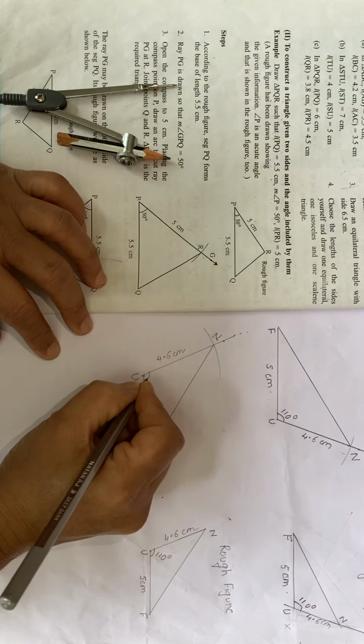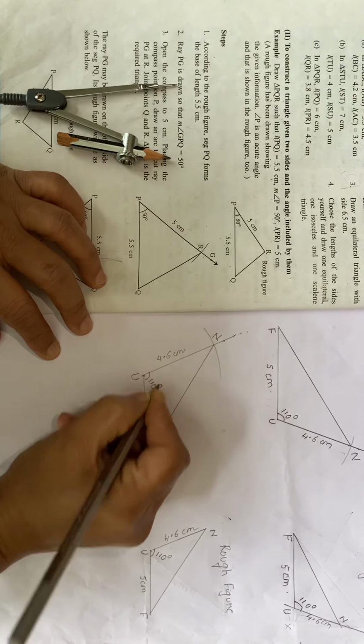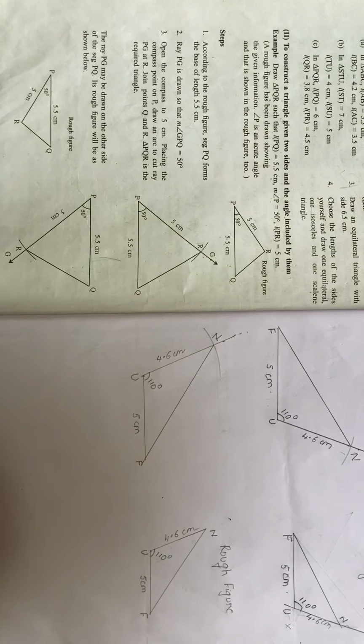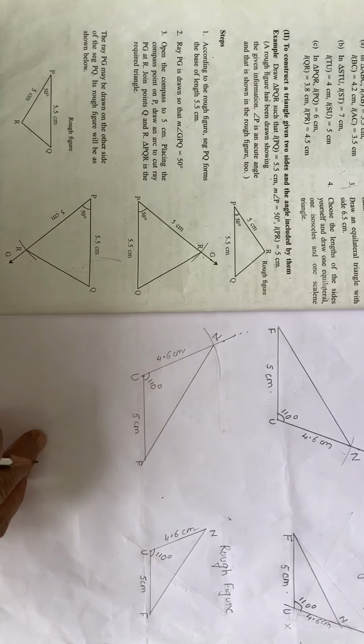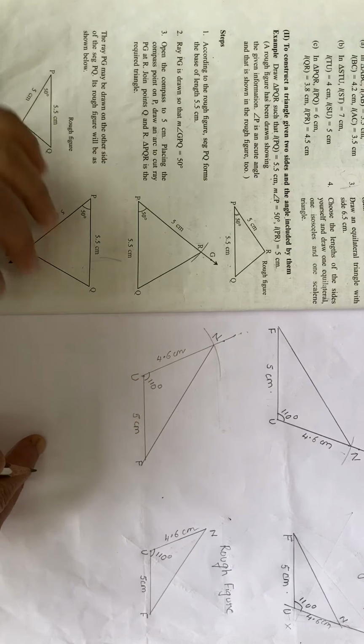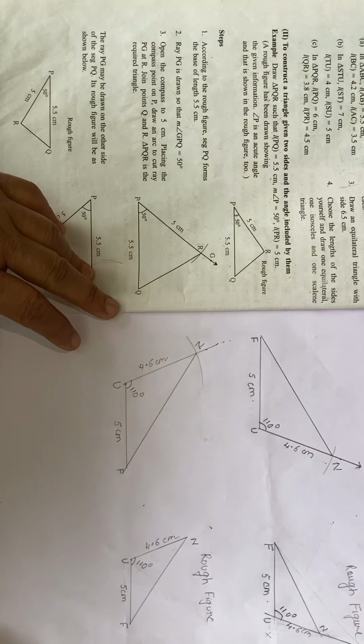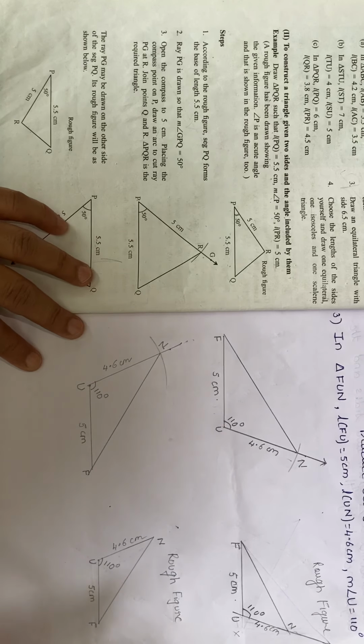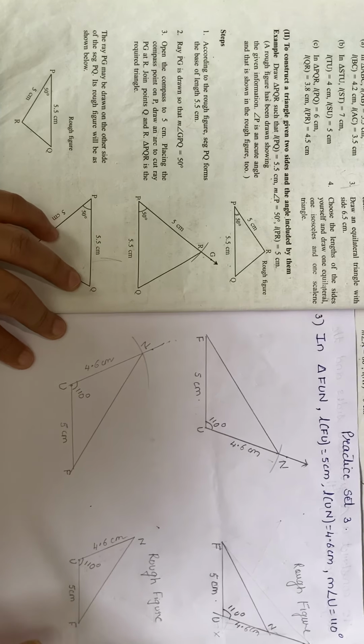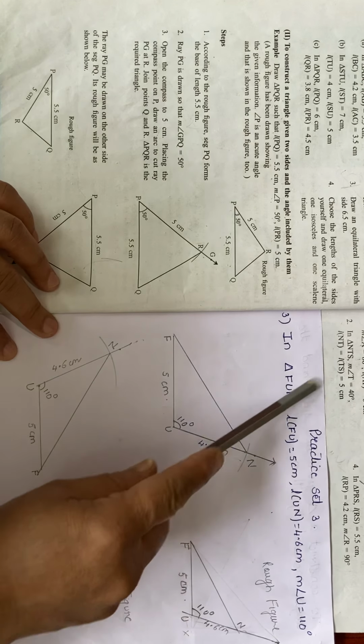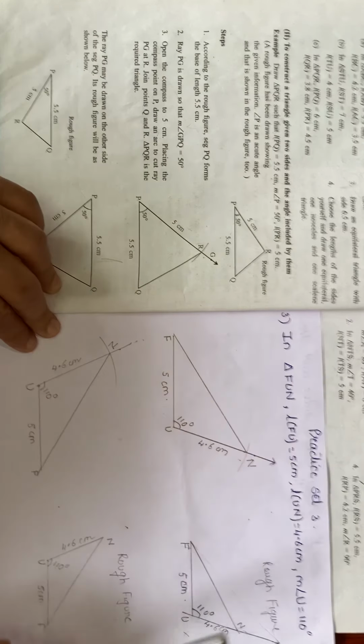This is 110 degrees. I hope you all have understood the second method of construction, how to draw when the information given is two sides and an included angle. So you will draw the remaining three triangles.